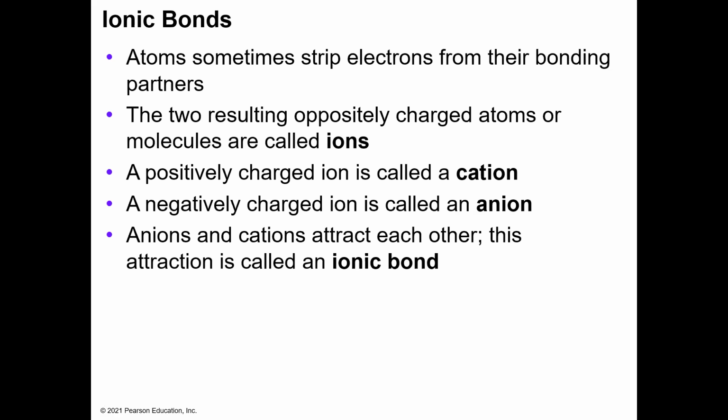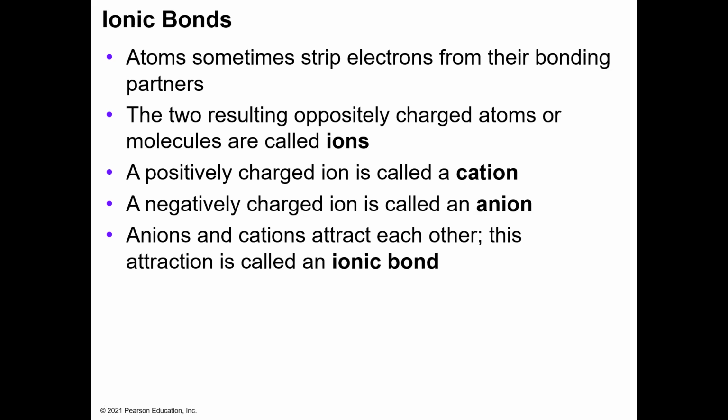I call it cops and robbers based bonding, in that one will steal the electron from the other, and so they will strip the electrons from their partners. When they do that, they become slightly charged atoms, which we call ions. A positively charged atom is called a cation. A negatively charged ion is called an anion.